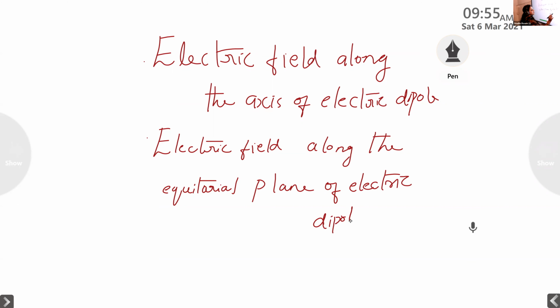So today we want to discuss these two topics: electric field along the axis of the electric dipole and electric field along the equatorial plane of the electric dipole.